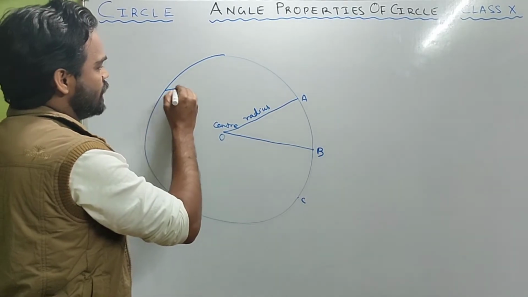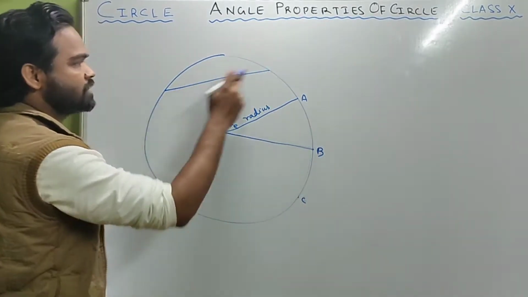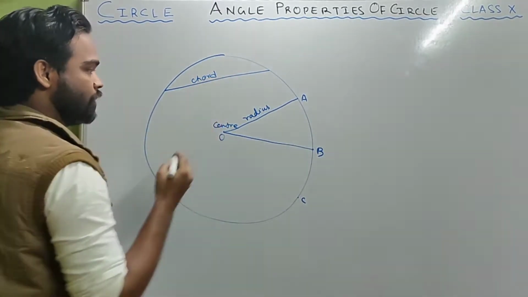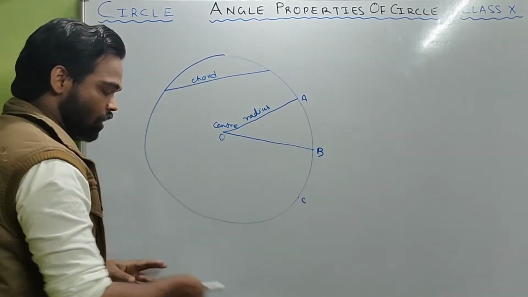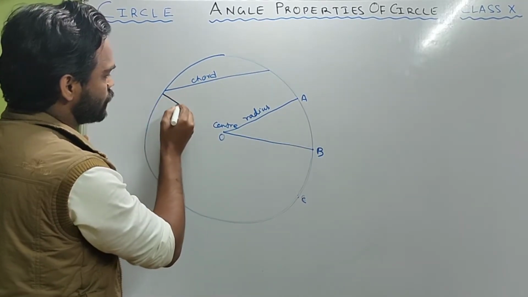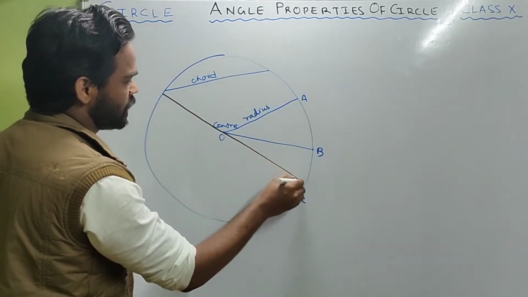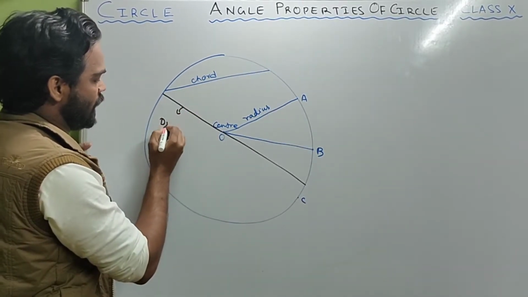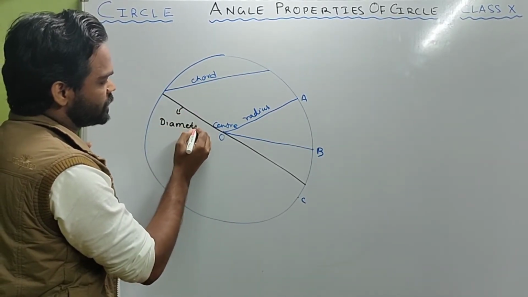Now, a line segment having its end points on the circle is known as the chord, and the chord which passes through the center, suppose I draw a chord over here, it passes through the center, that is known as diameter.